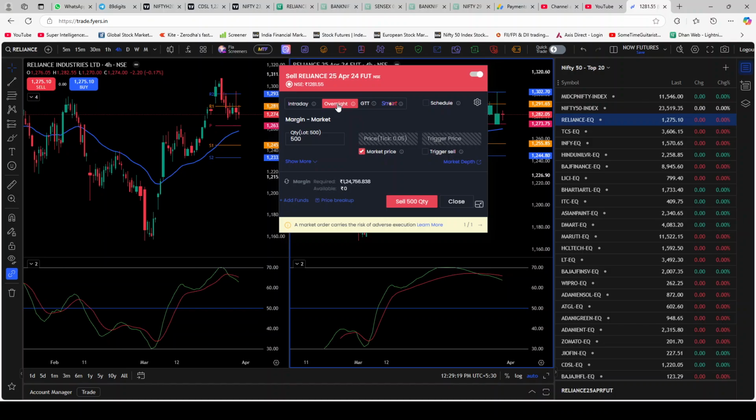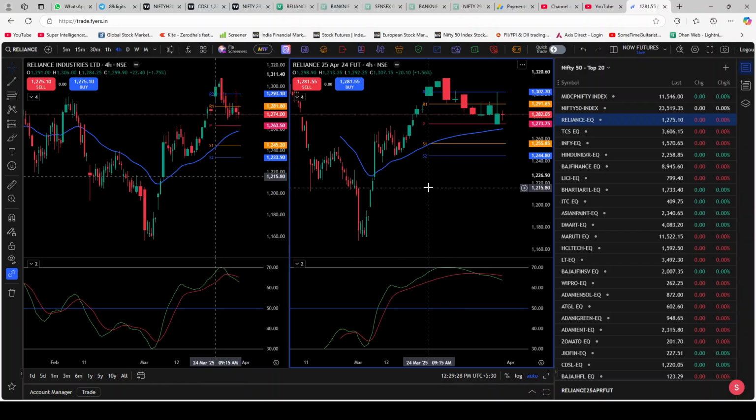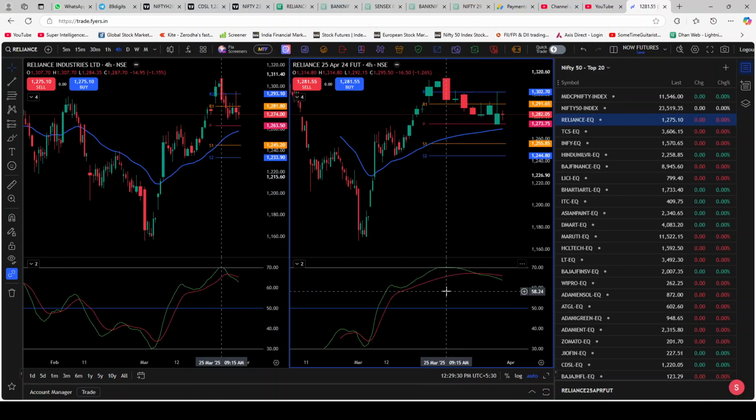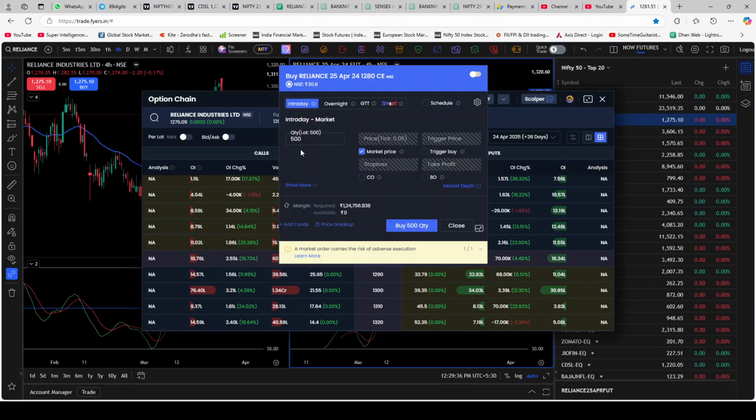The other option is, if I wanted to buy this, I could have bought this in options also. I could have right clicked and gone to the options chain, and this is the closest to spot price right now. I could have said buy 500, and it would cost me 15,000.